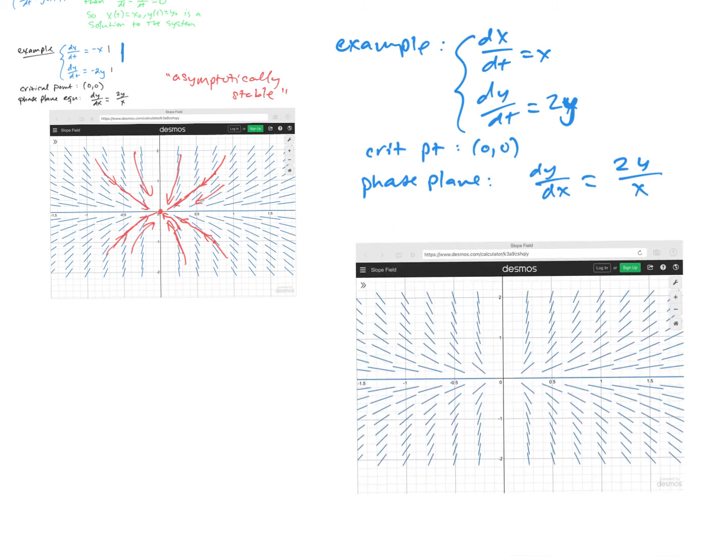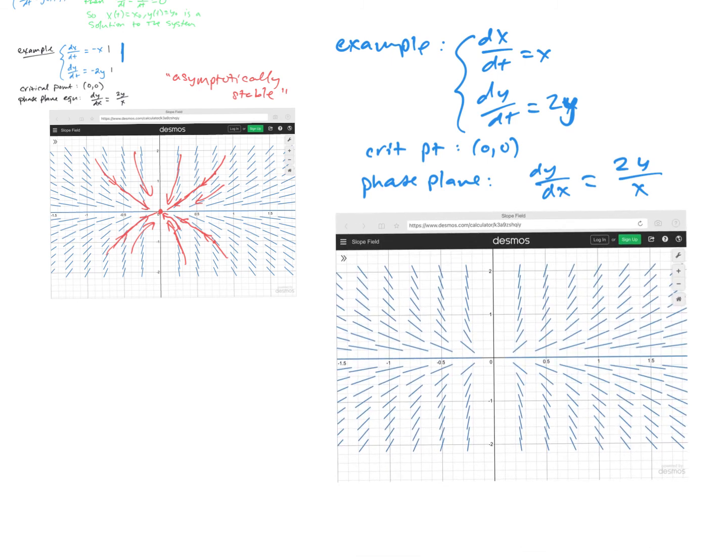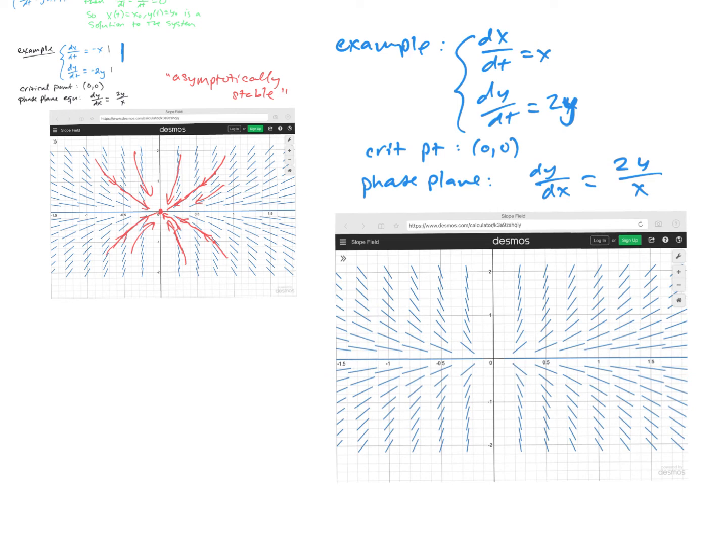Okay, so we've got our same slope field, but now let's think about our trajectories again. Now, if we start off over here where x and y are positive, now dx/dt is positive, and so they're going to go up and to the right. So now our lines are going to go like this.